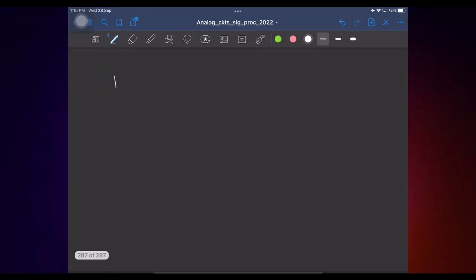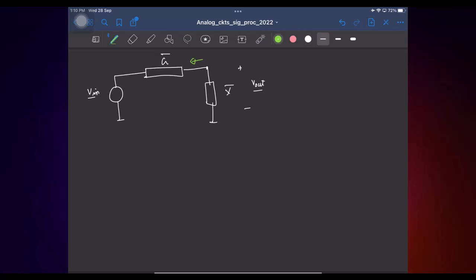I have a source, this is a vector now, a G matrix. Everything you treat as matrices and vectors. That's all. So now you use KCL as usual. What is the current leaving this node?